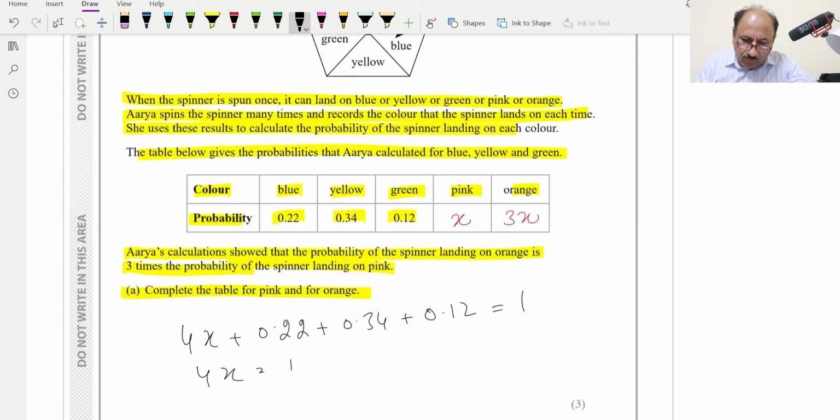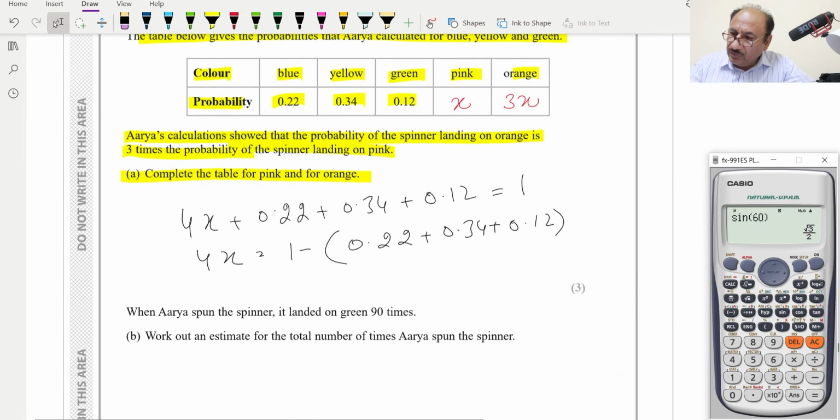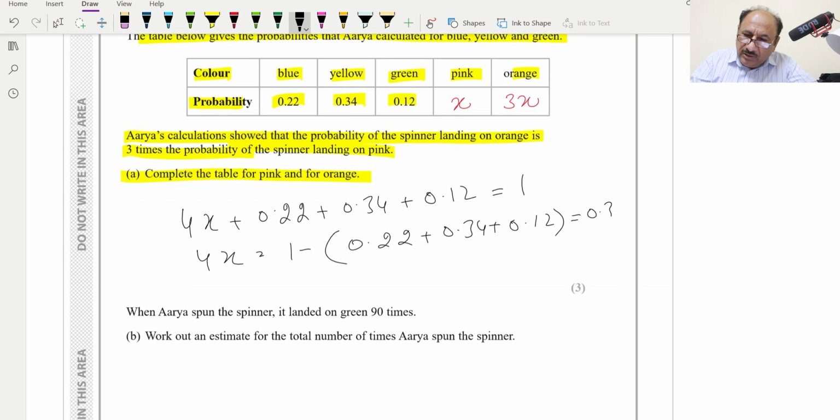So 4x is equal to 1 minus, inside the brackets, 0.22 plus 0.34 plus 0.12, and we can use the calculator for that one. So 1 minus (0.22 plus 0.34 plus 0.12) is equal to 0.32.